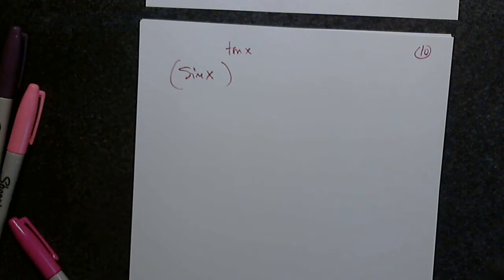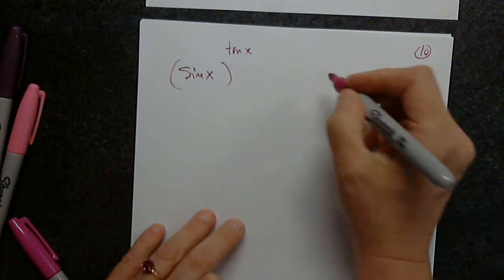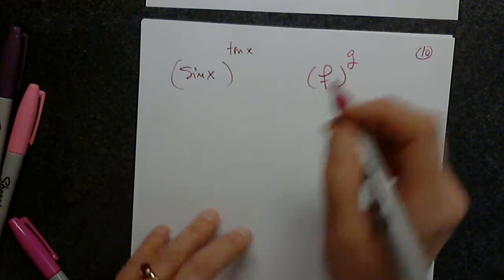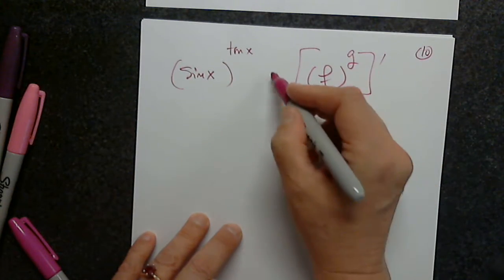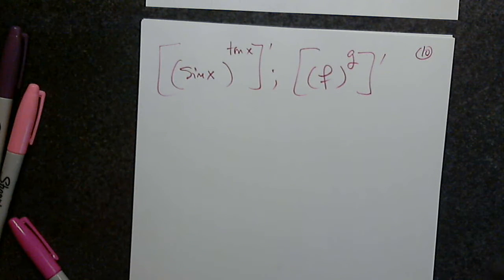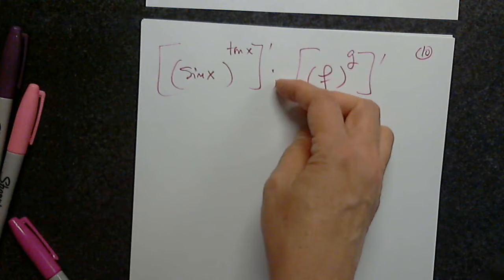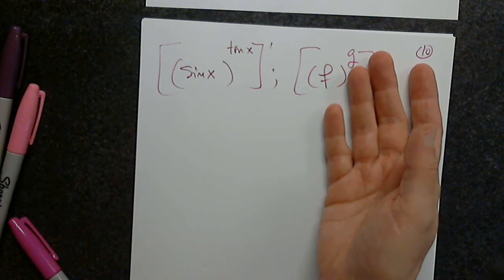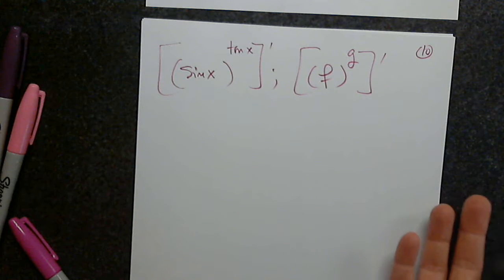This is my function. So I want to differentiate a function raised to another function, f raised to g. This is my task right now. What do you think I should do? You would say bring g down, subtract 1 from g, and differentiate f.